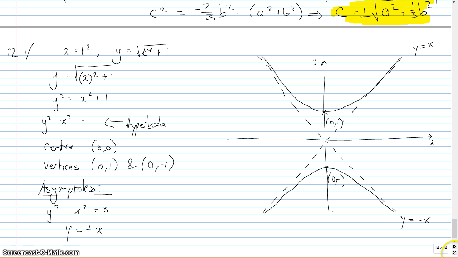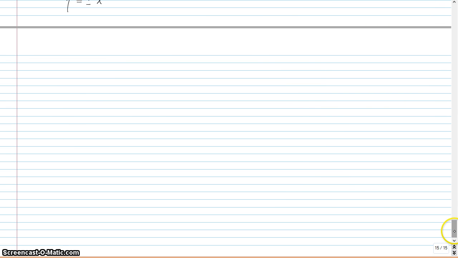What about part 2? So 12 part 2, instead we have the equation x is equal to negative 2 secant theta, and y is equal to tangent theta. To find the Cartesian equation here, I'm going to use the fact that 1 plus tangent squared is equal to secant squared. Now you may say, how do you know that?